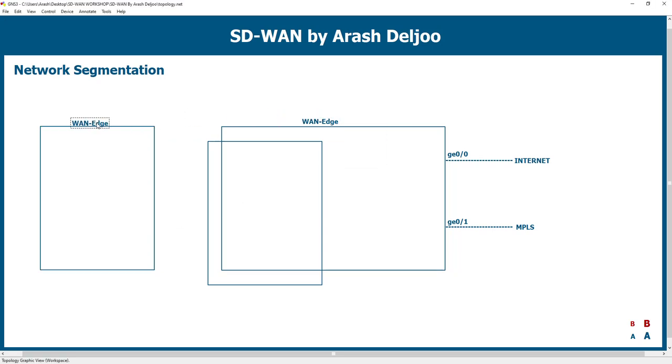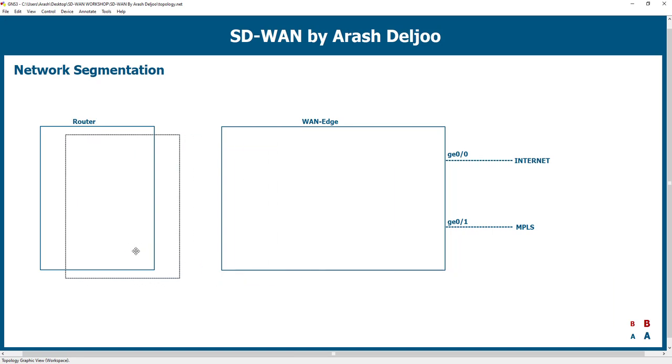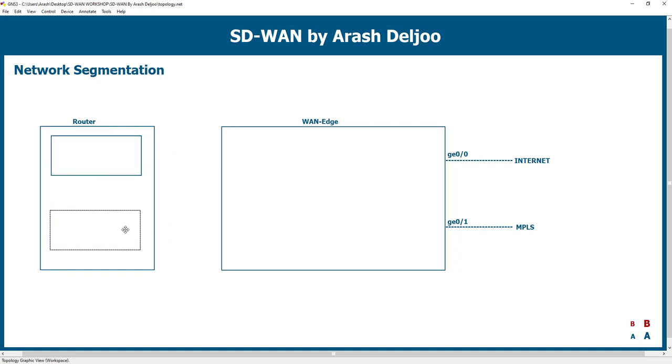In a traditional router, we configured VRFs, and every VRF is a standalone router. For example, this is one VRF and this is a second VRF, VRF A and VRF B.